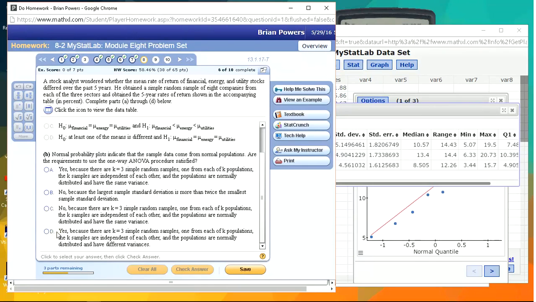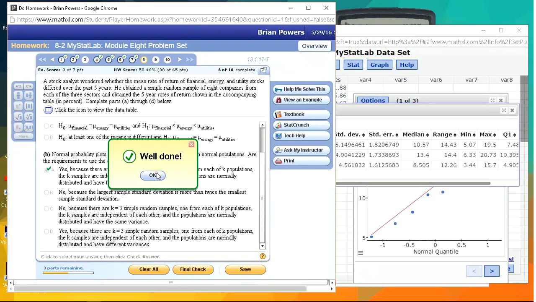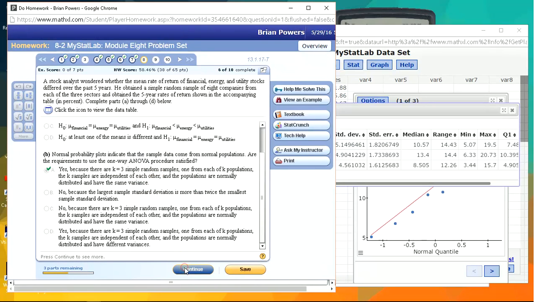So let's see, independent of each other, populations are normally distributed and have the same variance. Sorry, I was just reading in detail. They have about the same variance.